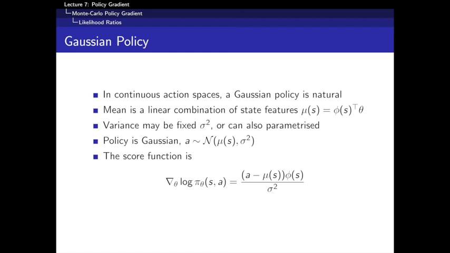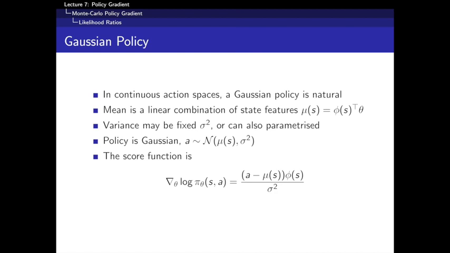And so if we were using a Gaussian policy, what would this score function look like? Well, the score function, again, tells us how to get more of a particular action. Here we have something very similar to the last slide. This is the action we actually took, our action A, and this is the mean action.